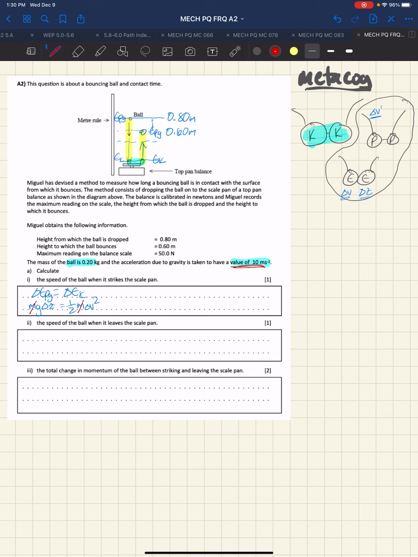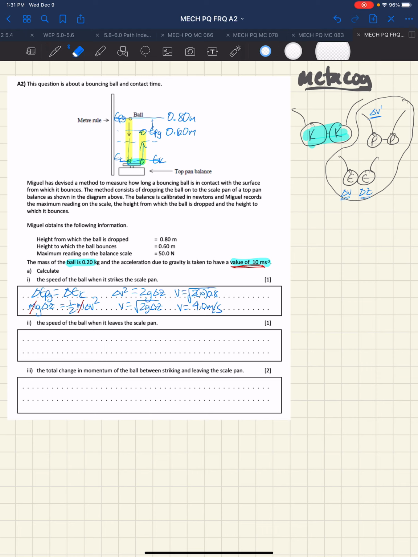So going further to solve for v squared, we have delta v squared is going to equal 2g delta z, and therefore v is going to be the square root of 2g delta z. And then v is the square root of 2 times 10 times 0.8, which turns out to be 4.0 meters per second.